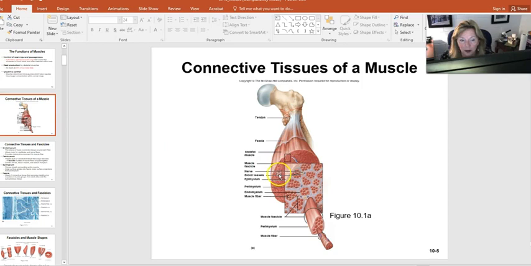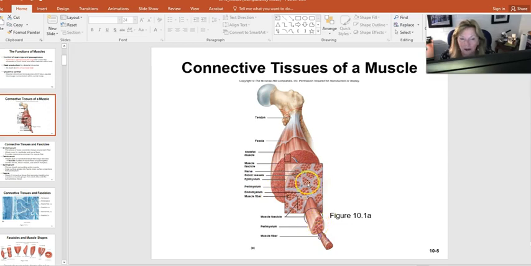We also have epimysium that is on the outside of a muscle fiber. There's also perimysium and then endomysium that are sort of separating these muscle fibers and making sure that the blood vessels and the nerve supplies are being protected and supplying blood supply to the actual muscles.